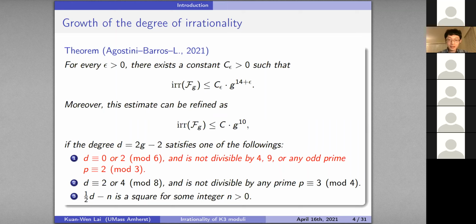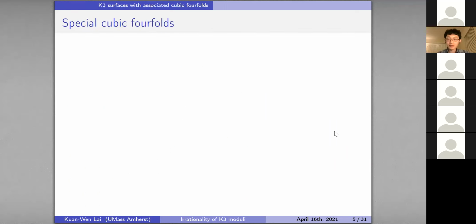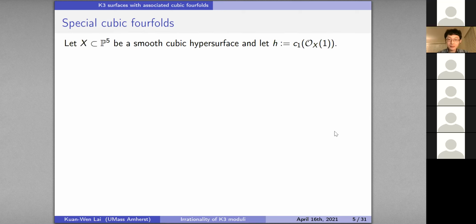For the first case, the K3 surfaces with degree in the first family have associated cubic fourfolds. So I need to give you a brief introduction about cubic fourfolds. By cubic fourfold, I mean a cubic hypersurface in P5.